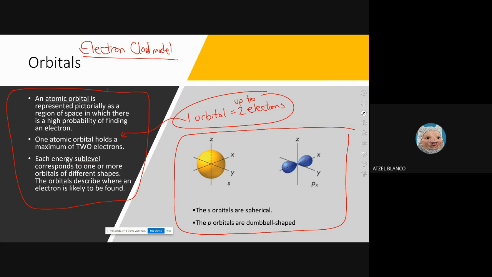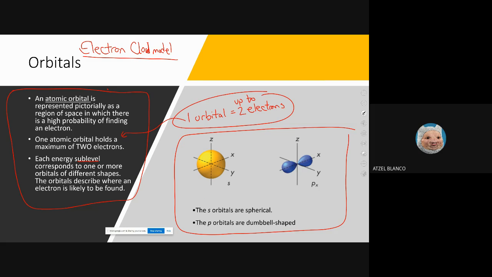And the s orbital looks kind of like a ball, actually, and 2 electrons can be found in this space. There are other types of orbitals besides s that have a different amount of energy, but they can also only hold 2 electrons. So the first one you're going to see is s, and the second one is p.